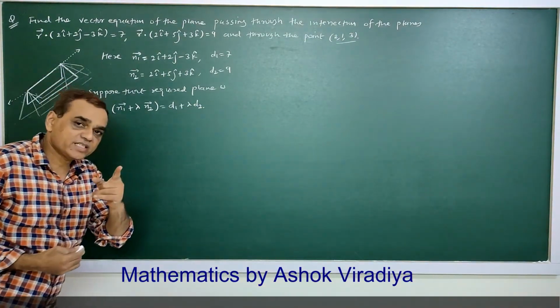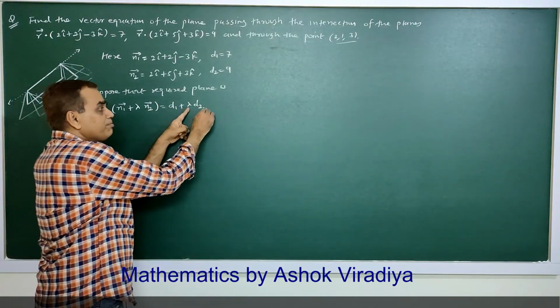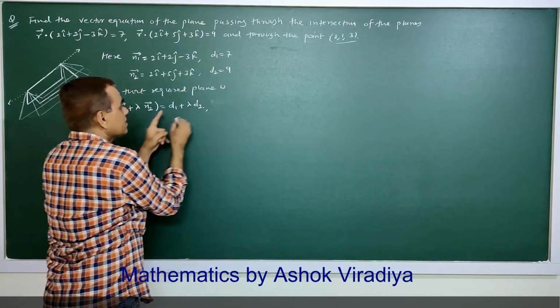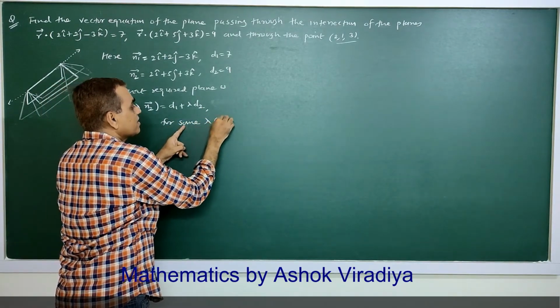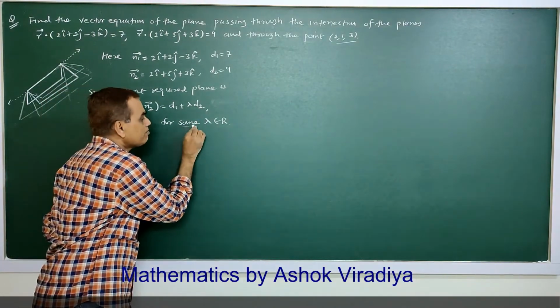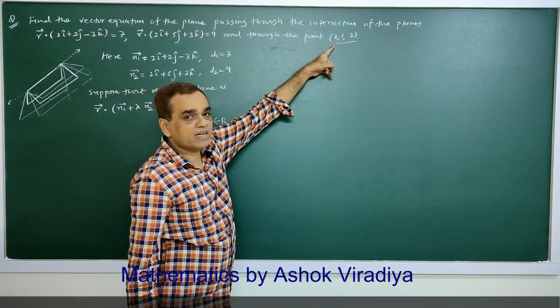And because there exists a unique plane, lambda will have some particular value. For some particular value of lambda, it can be any real number, we get that particular plane containing that point.